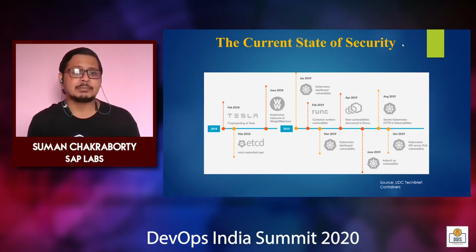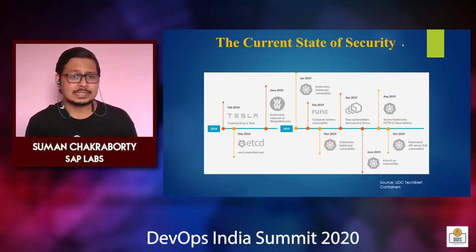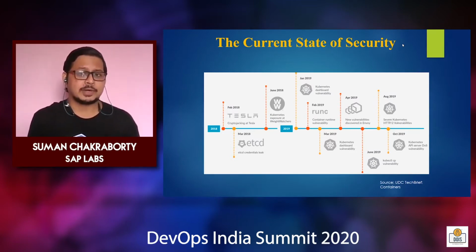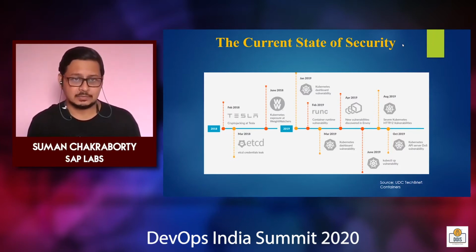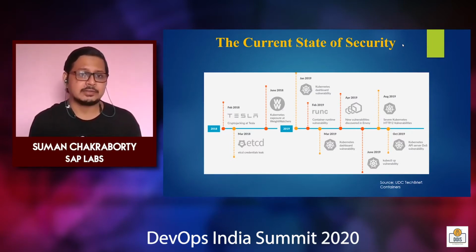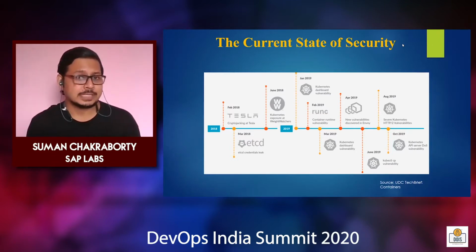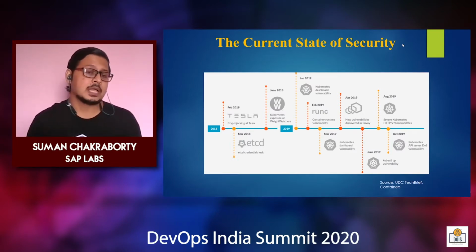If I look at the timeline from 2018 to 2019, we can see a lot of incidents which have been reported. One of the major incidents that had a deeper impact on the cloud native area was the cryptojacking in Tesla, which was created through an open API connection to the control plane from China to get information.